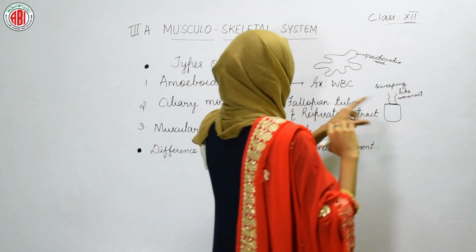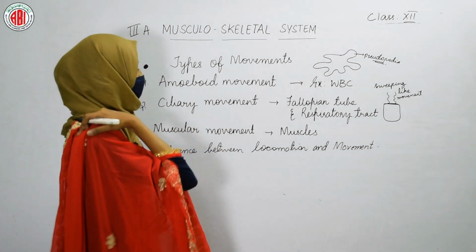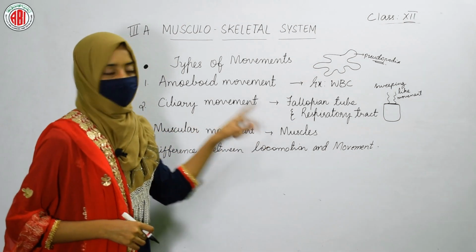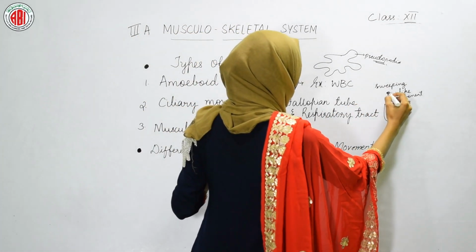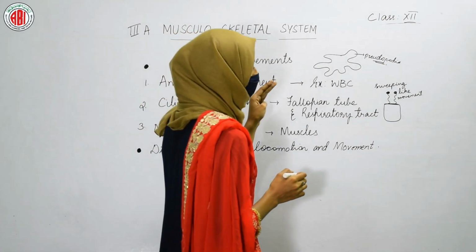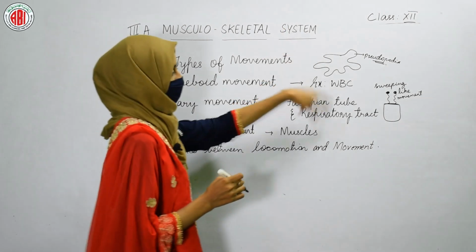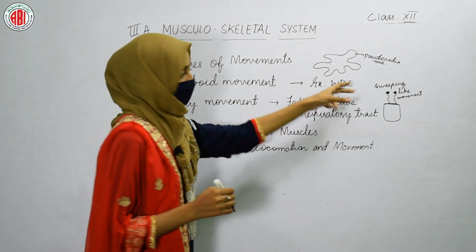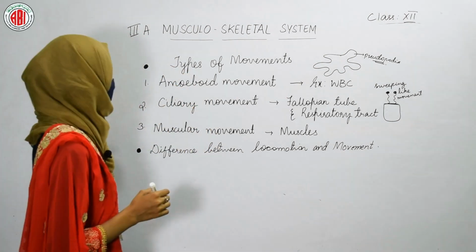Sweeping-like movements are shown by the cilia found on the cells of the fallopian tube and respiratory tract. Whenever any substance comes and sits over these hair-like structures, they will move in this way, sweep-like, and that material can be transported to another place by the ciliary movement of our cells.